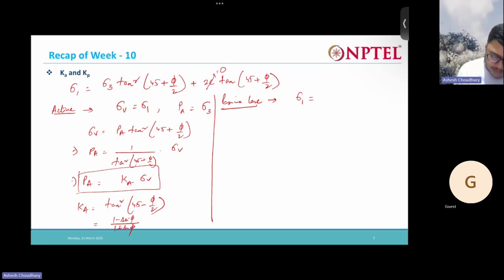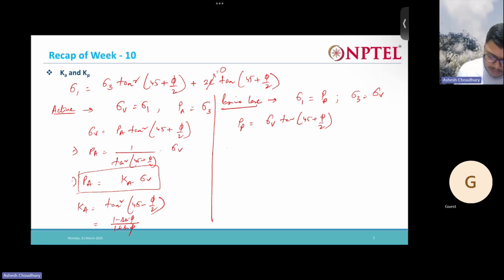what sigma 1 is which one? Sigma 1 is my passive earth pressure, and sigma 3 is my vertical. I can write P is equal to sigma V tan square (45 + φ/2).